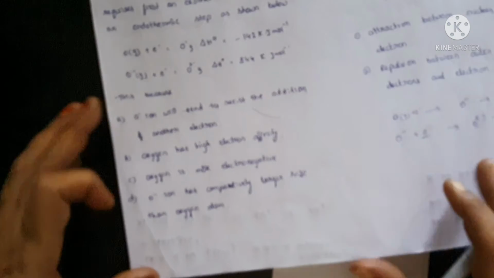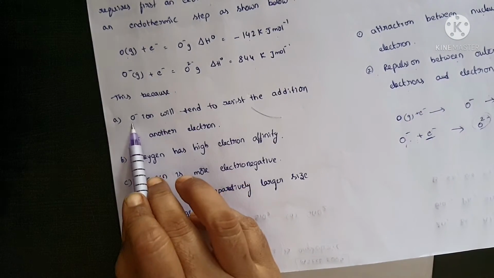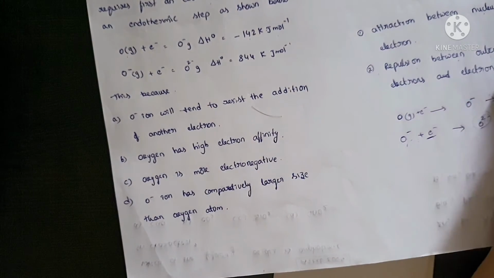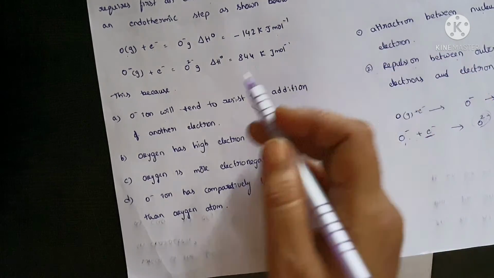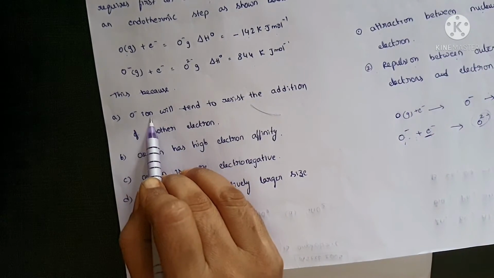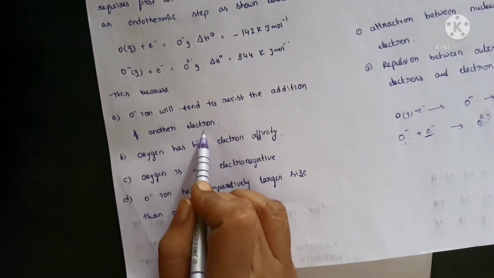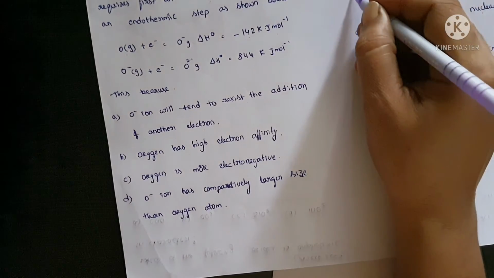So what are the options here? O minus ion accepts the electron only when we give energy to that shell. So O minus ion will tend to resist the addition of another electron, because it wants to get the neon configuration.